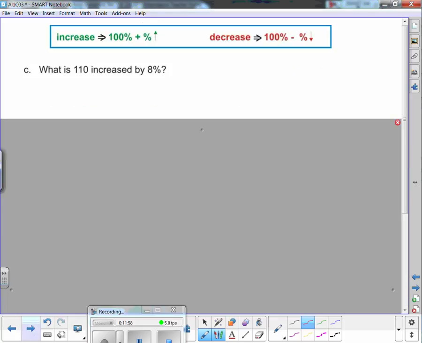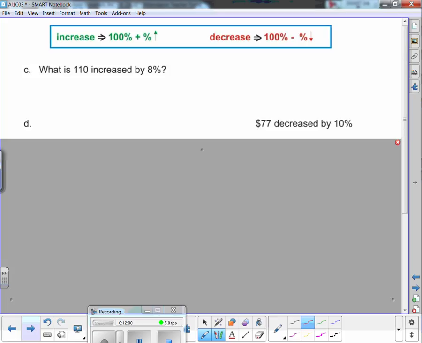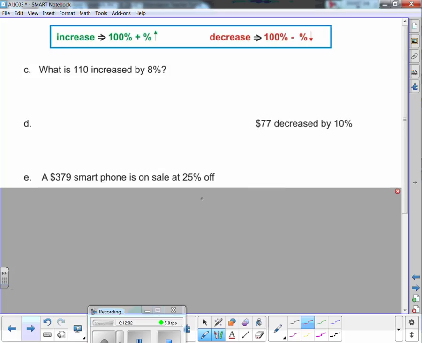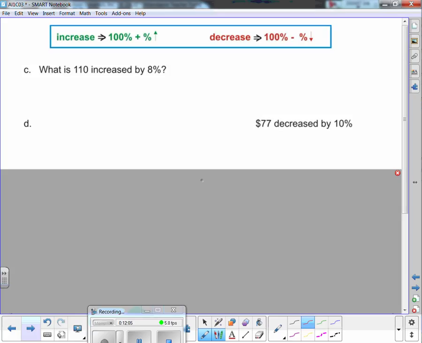Okay, so let's do a problem here, C. Let me get a little bit more room. What is 110 increased by 8%? 110 increased by 8%. So hopefully you would agree that the percent implies 108%. Right?